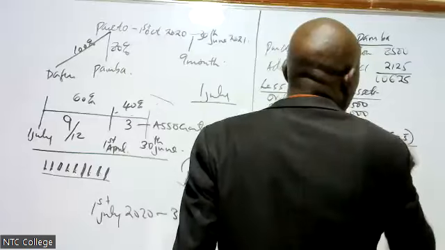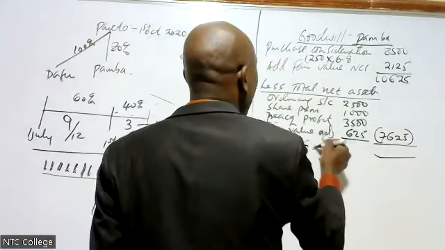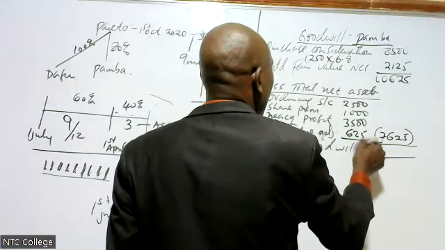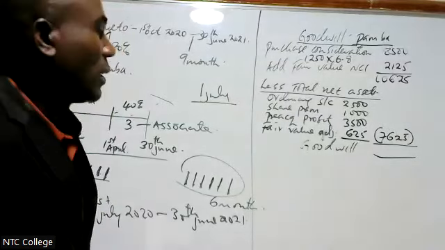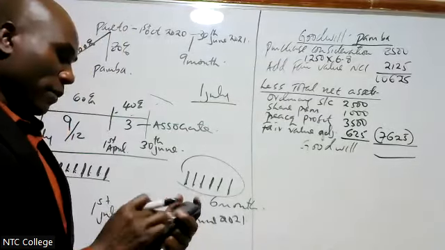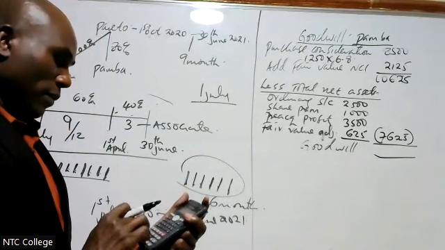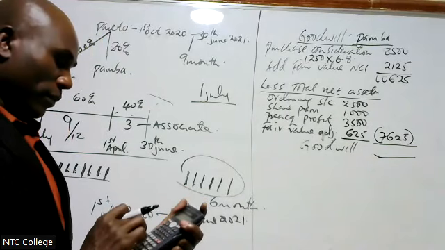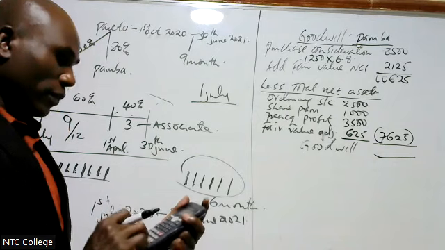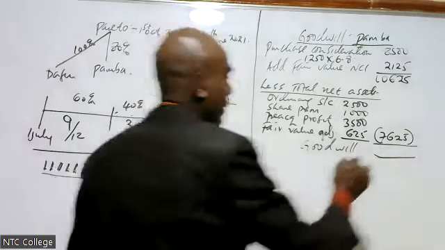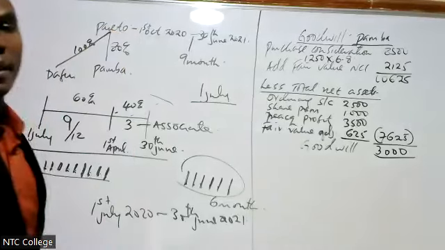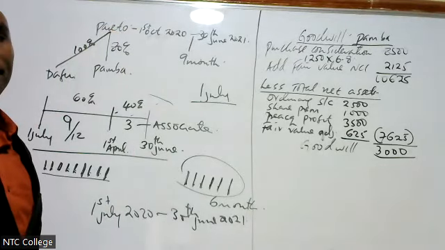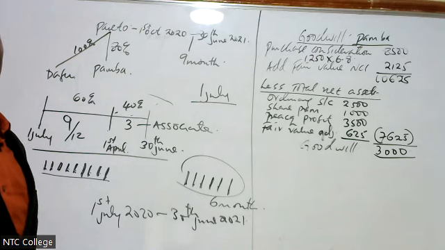Then what will be our goodwill in Pamba Limited? Goodwill is 3,000. That is goodwill, 3,000.